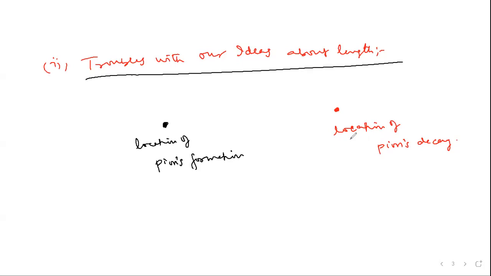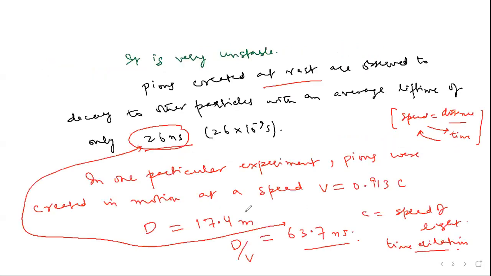Now the distance between the markers is measured to be 17.4 meters, as we have already discussed. We said that in the laboratory it was observed that pions travel this much distance before decay.